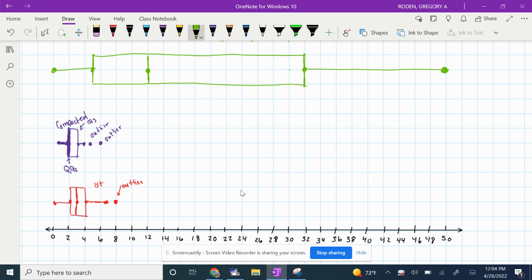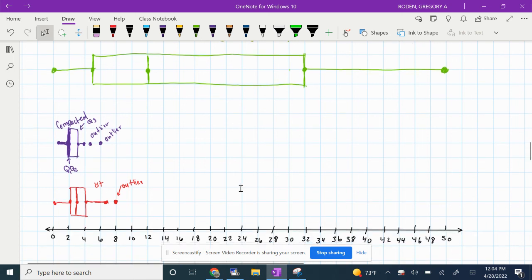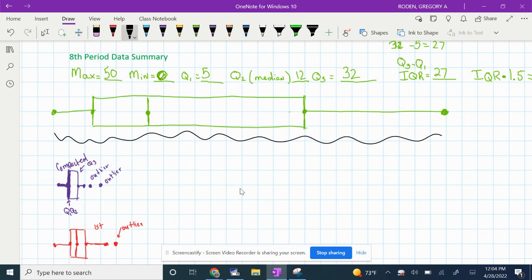Okay. Now, the first thing I want you to look at, remember, guys, it's the same number of data. So first of all, even though the red box and whisker and especially the purple box and whisker are much smaller than this green one, it's the same number of pieces of data.